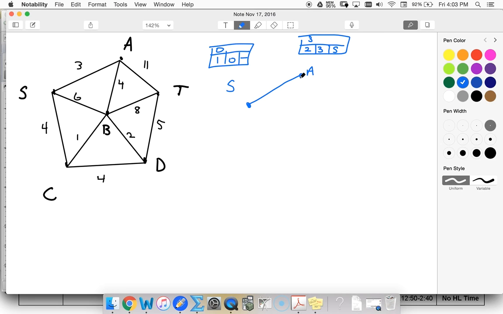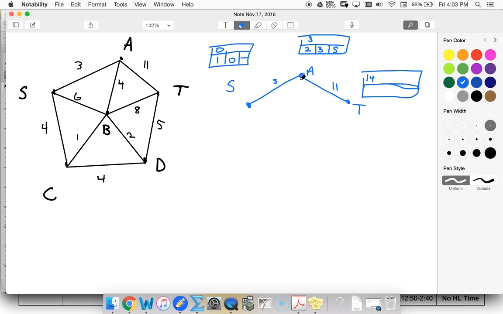From A, I can come over to T, and in my box, my temporary distance is going to be 14, because I had 3 and 11.